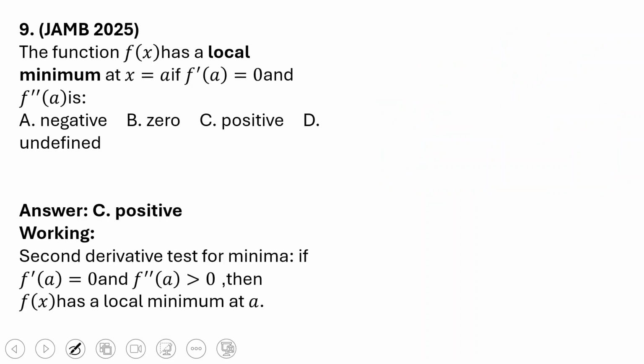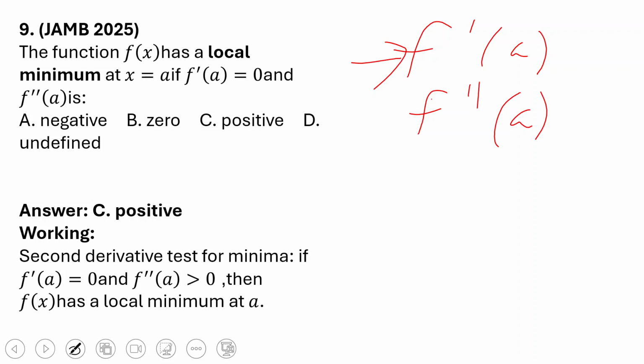Number 9 says the function f of x has a local minimum at x equals a. If f prime of a... f prime means that I differentiate the function the first time. If I have f double prime, I differentiate the function a second time. But this is what I'm looking at in this question: they said f prime of a equals 0.